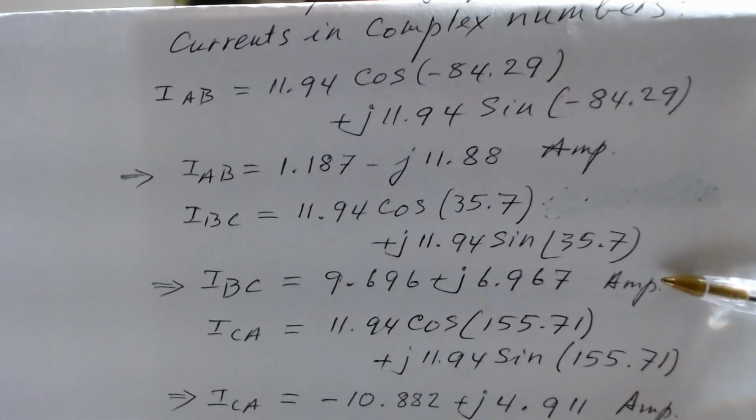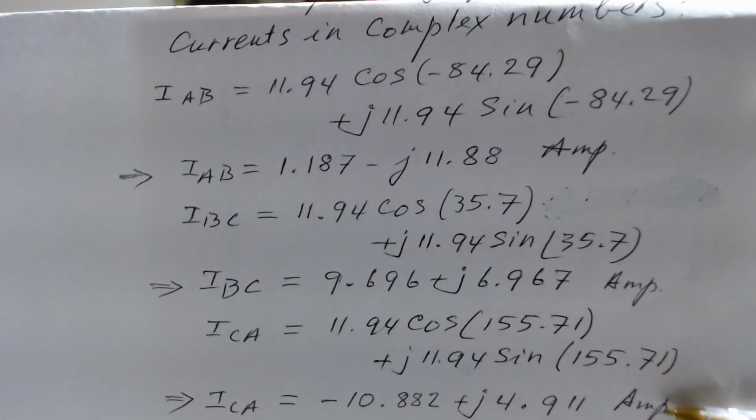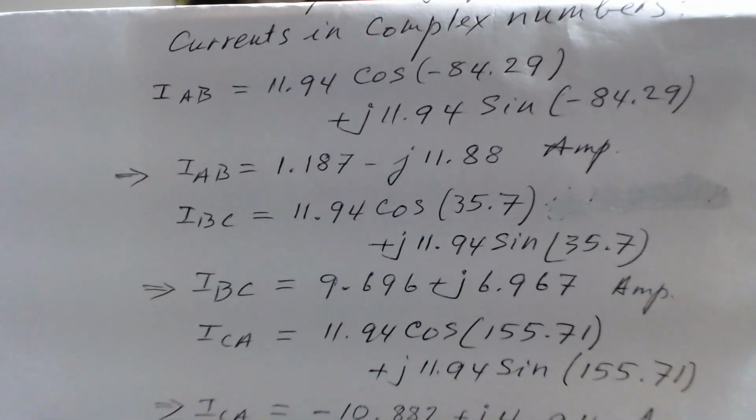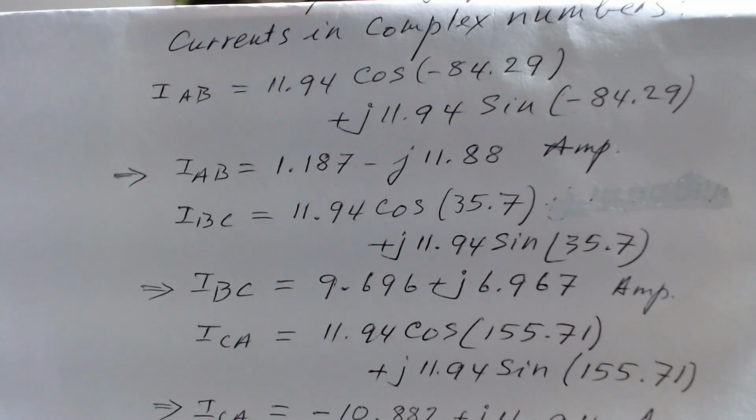IBC is equal to 9.696 plus J6.967, and ICA is equal to minus 10.882 plus J4.991. With this rectangular form of the phase current, we can make the subtraction to find the line current as follows.